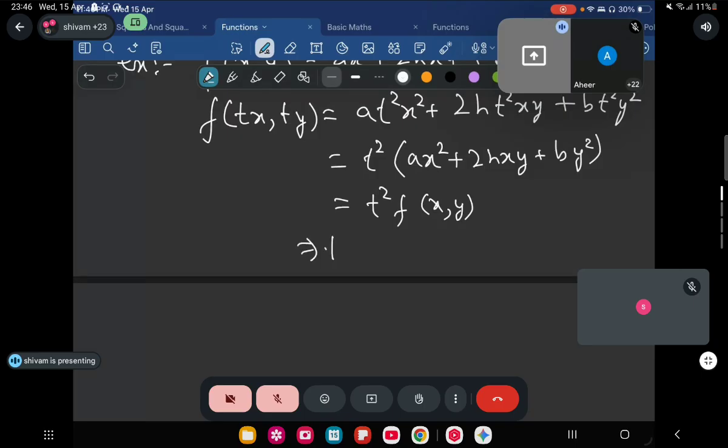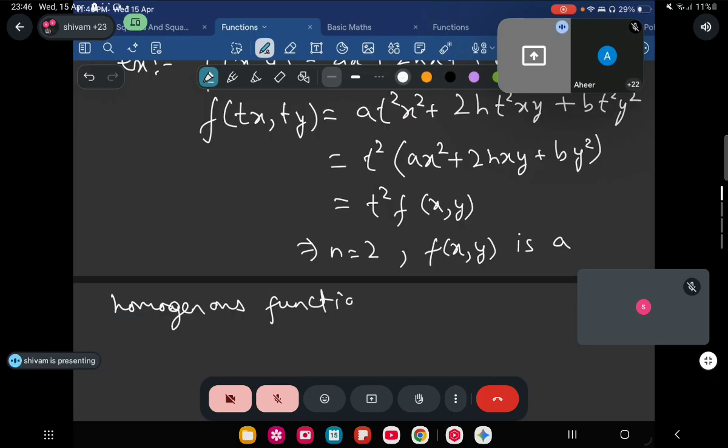So this implies n equal to 2. So f of x comma y is a homogeneous function of second order.